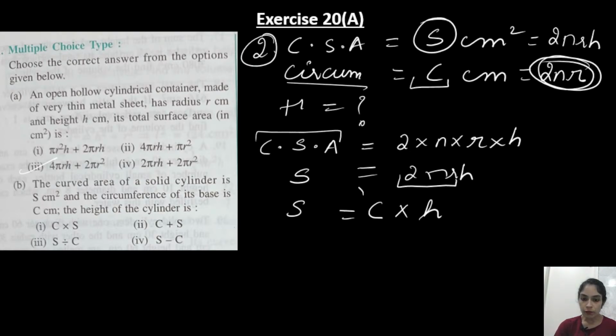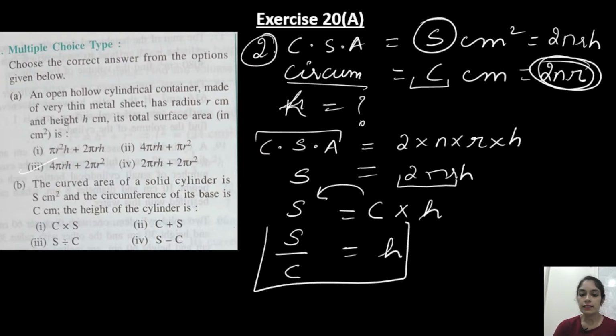If H we have to find, C we will shift to the other side. See, here it is getting multiplied, so if I shift it to the other side, it will get divided. So height H is equal to S divided by C.